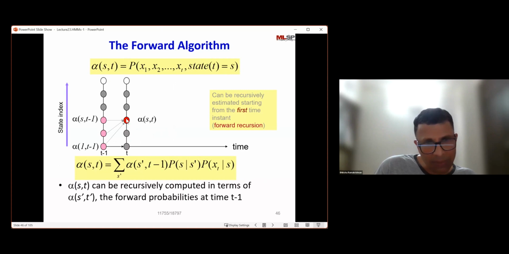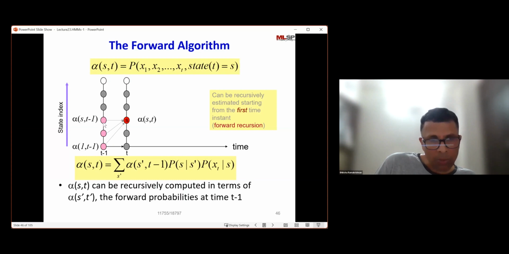Now, alpha S,t is the probability that the process ends at state S at time t. What is it? You can arrive here either from this state by being at this state at time t minus 1 and transitioning here, or by being at this state at time t minus 1 and transitioning here, or being at this state and transitioning here.